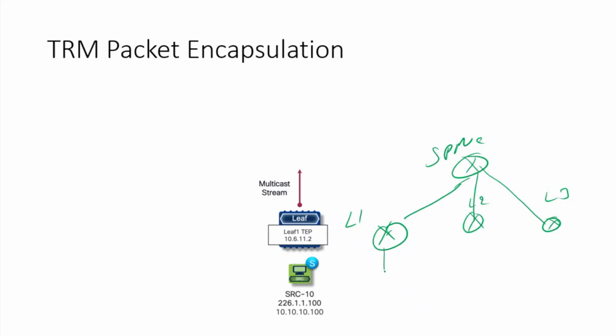There is a source which comes here. Let me draw that source in red. So there is a source connected here, and there is a receiver connected here.